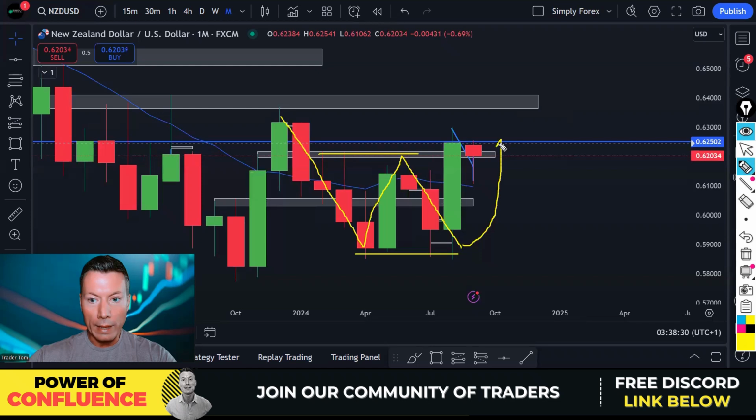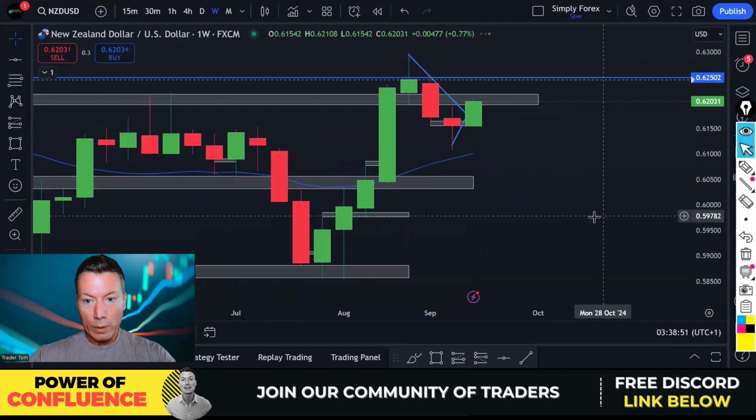And then we broke that level with this big bullish green candle. So we are getting higher highs. The monthly is in an uptrend and potentially has room all the way back up to here. So monthly says we should buy this pair.